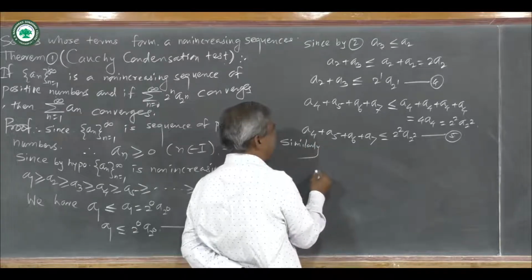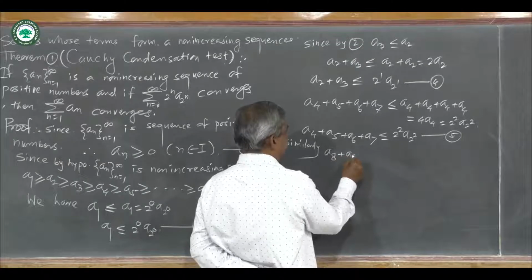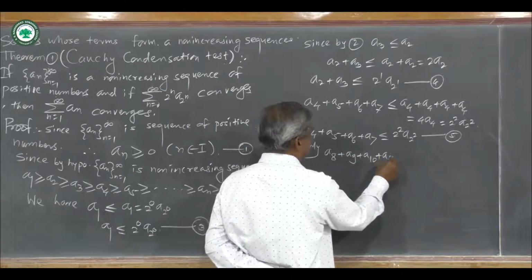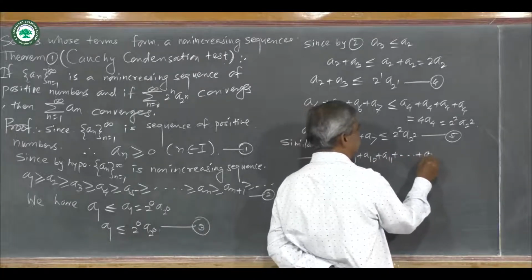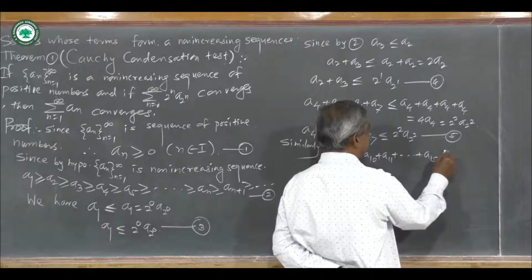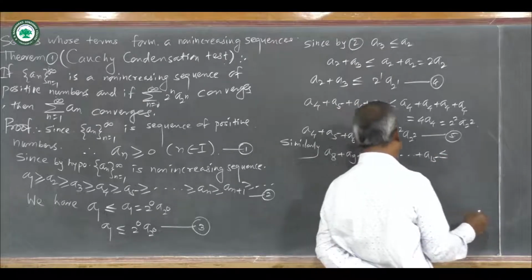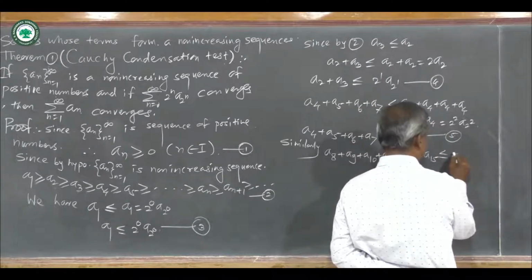Similarly, we write a8 plus a9 plus a10 plus a11 plus and so on plus a suffix 15 is less than or equal to a8 plus a8 plus a8 and so on, 8 times.